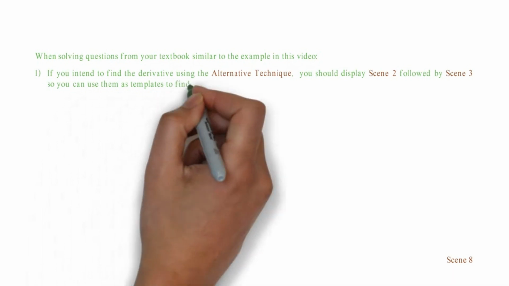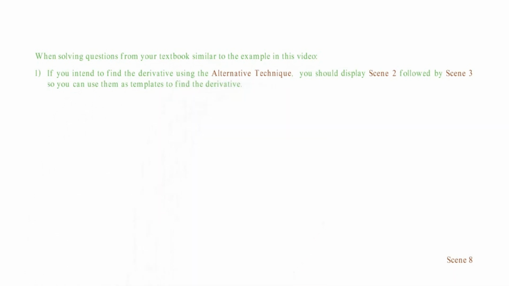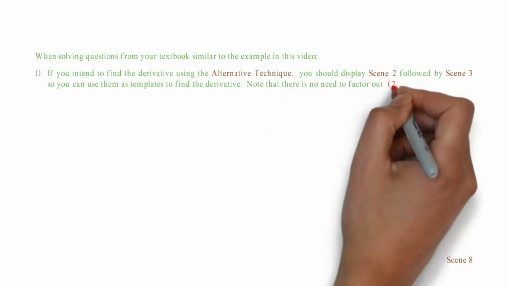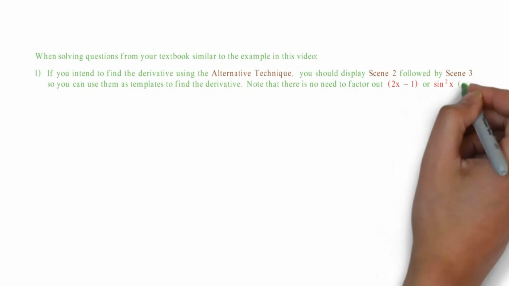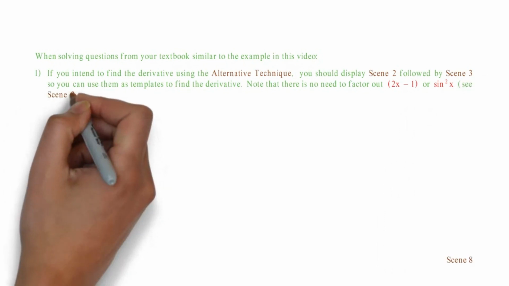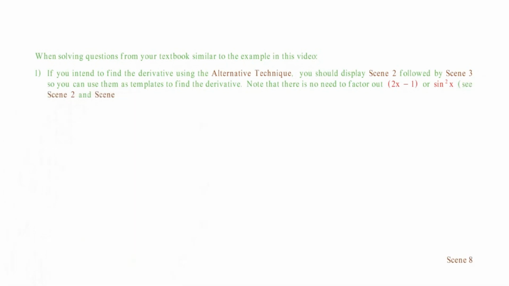Note that there is no need to factor out 2x minus 1 or sine squared of x. See scene 2 and scene 3.